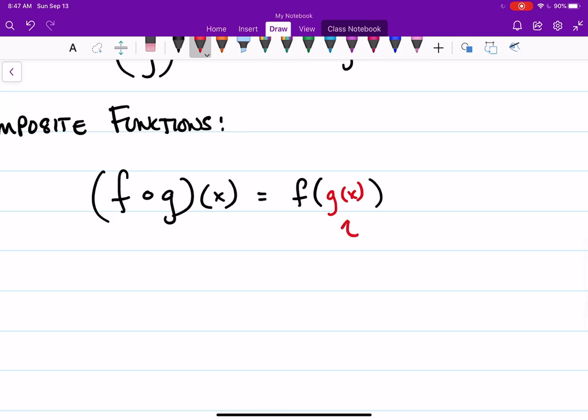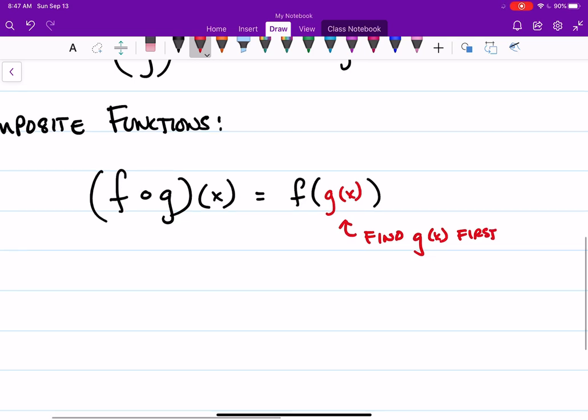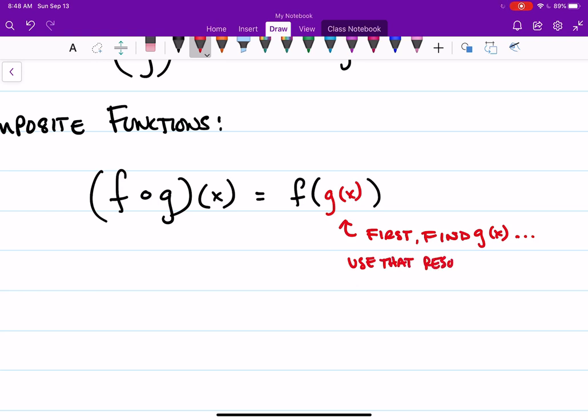So this says to first find g of x, use that result in f of x.